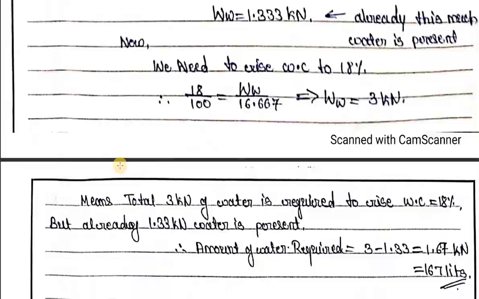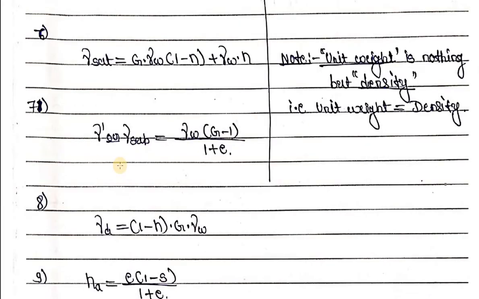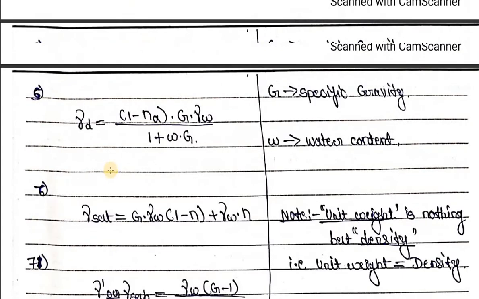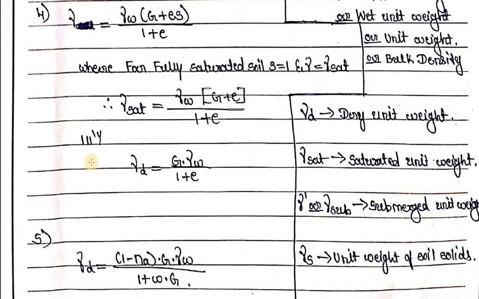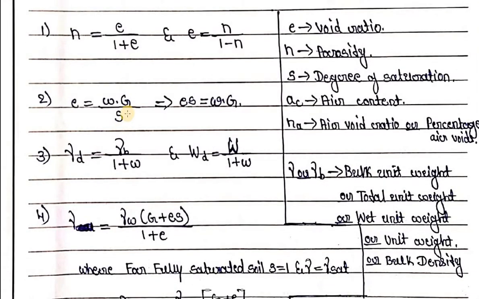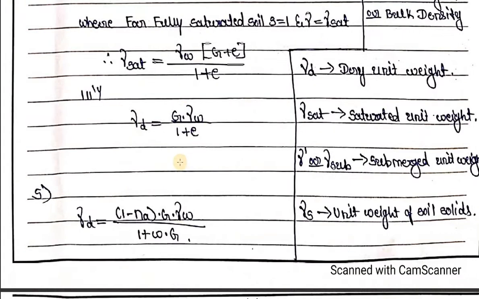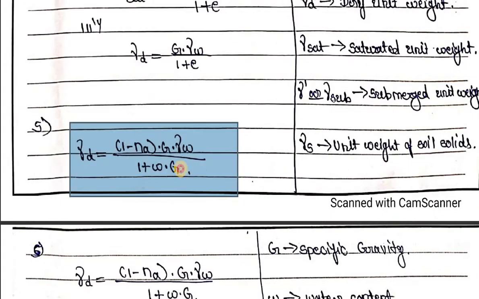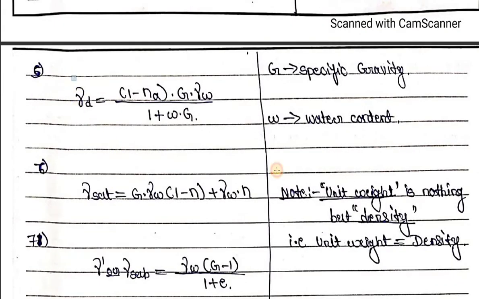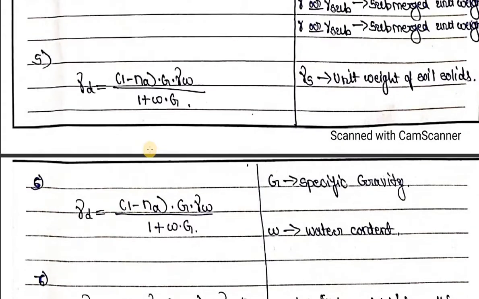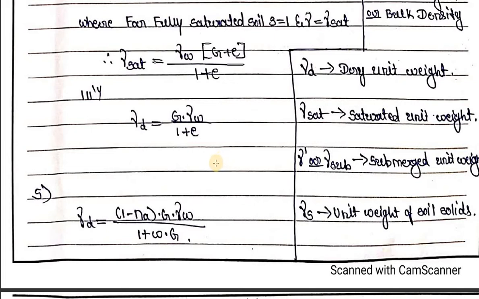If I move to the list of formulas, I have several formulas to find the dry unit weight of the soil. I have this formula 1, and this formula 2. There are various formulas. So how do I choose? I have G, the specific gravity they have given. I have e, the void ratio they have given.